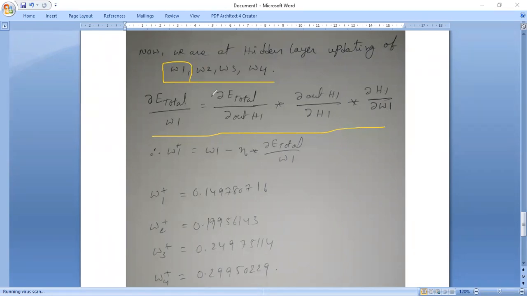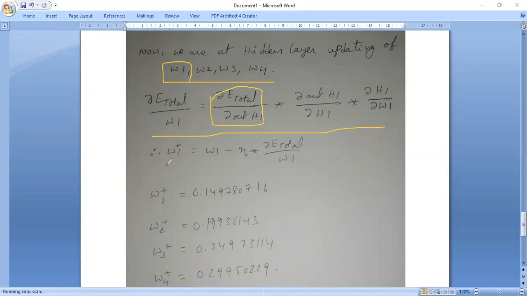Again, we have some splits at this point also. Why? Because here we do not directly interact with the output of H1, isn't it? We don't have a direct connection between E total and H1. It's the same process we applied in the previous formulas; the same method we can use here also.